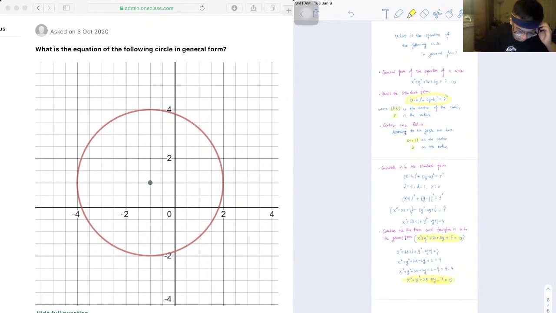So let's just review one more time how we find the equation. Just my personal habit, I always write down the general form first.